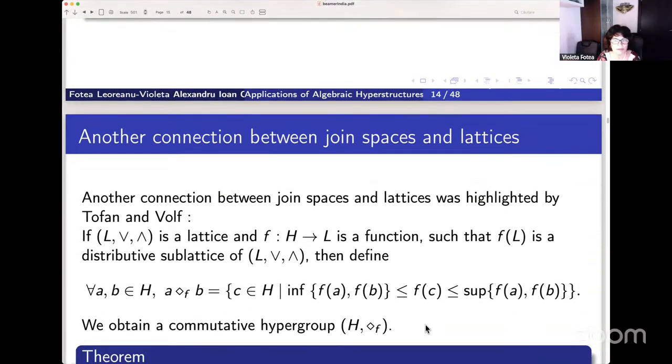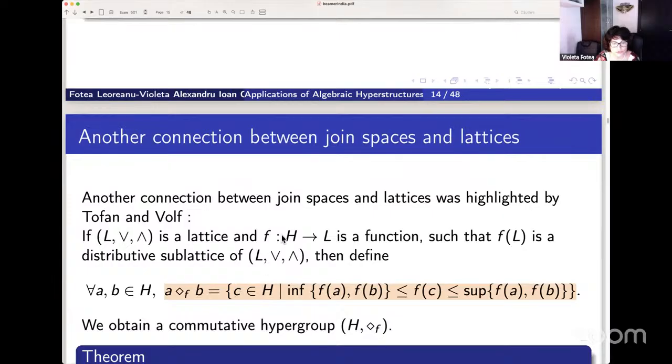Another connection was made by two colleagues of mine from Alexandru Ioan Cuza University, Professors Tofan and Wolf. They start with a lattice and consider this hyperoperation, which is similar to the one introduced by Varlet, and also similar, in the context of fuzzy sets, to the hypercomposition introduced by Corsini.